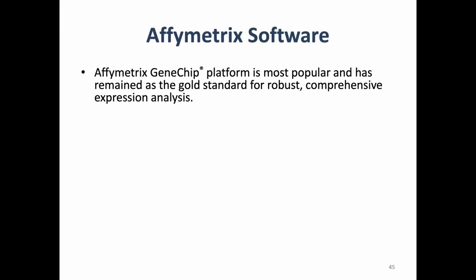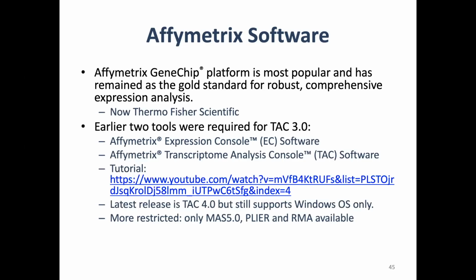The Affymetrix GeneChip platform is most popular and has remained a gold standard for robust, comprehensive expression analysis. Now it's called the Thermo Fisher Scientific platform. Earlier, two tools were required for TAC 3. This is the earlier version, TAC 3, which represents Transcriptome Analysis Console 3.0, but now they have a 4.0. Usually in TAC 3.0 they had two different software.